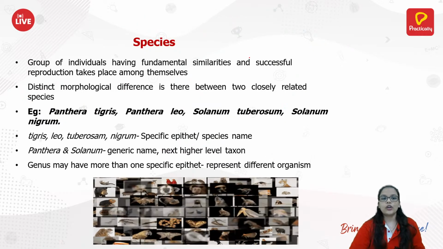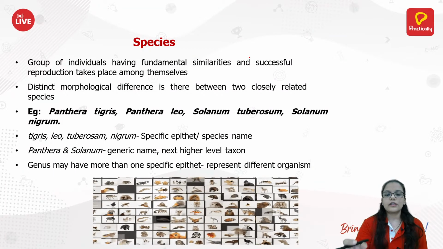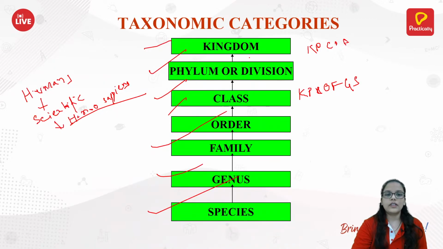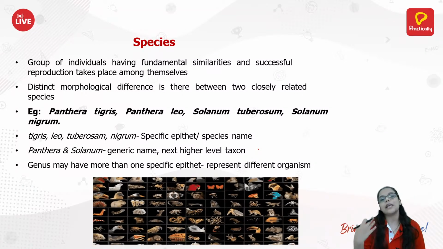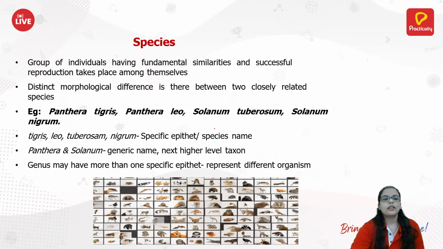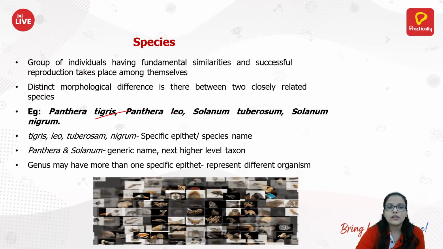Okay, now moving on. So as I said, the taxonomic hierarchy, we'll start at the bottom, just for the sake of it. We'll start with species. What species are we? We are sapiens. Now, when it comes to tiger, tiger is tigris.